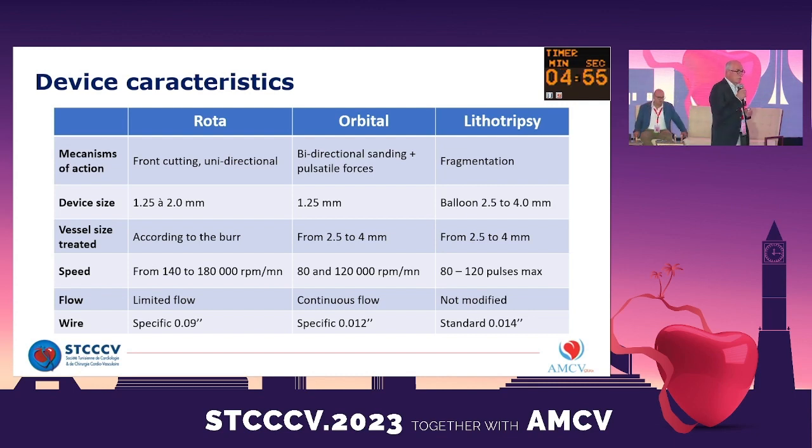The specificity of the orbital wire is a nitinol core, and it's very easy to manipulate and to advance in a tortuous vessel. The great advantage of the lithotripsy is to work with your standard guide wire.